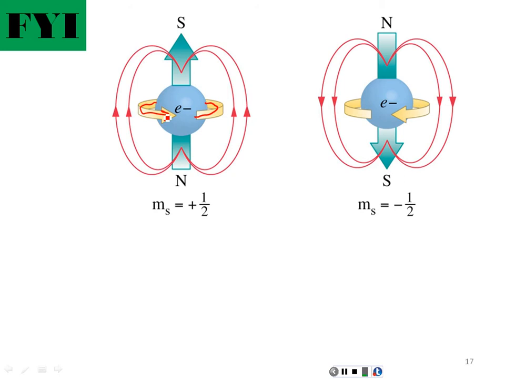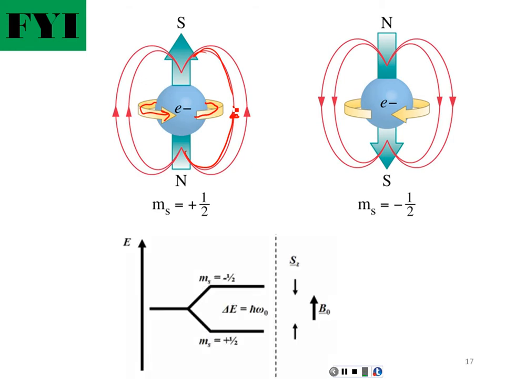So if this electron is spinning on its axis, it creates a magnetic field. And it can either align itself with the external magnetic field or against an external magnetic field.